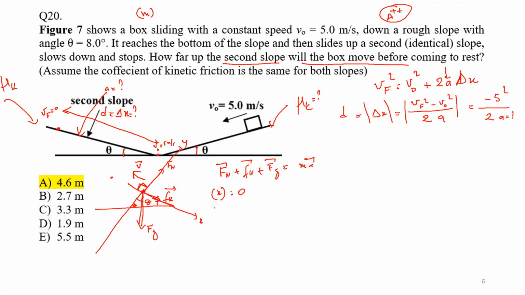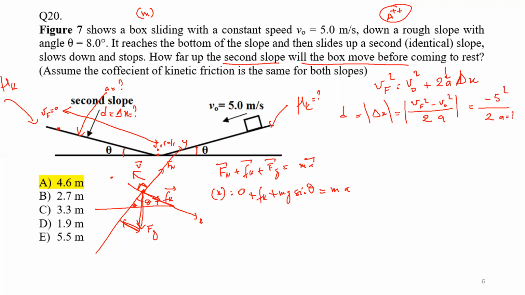Fk along x-axis is positive because it will be plus Fk. Now Fg along x-axis will be positive because Fg has a component along the positive x-axis, so it will be plus mg sine theta. And this will be equal to ma because the acceleration is purely along the x-axis.